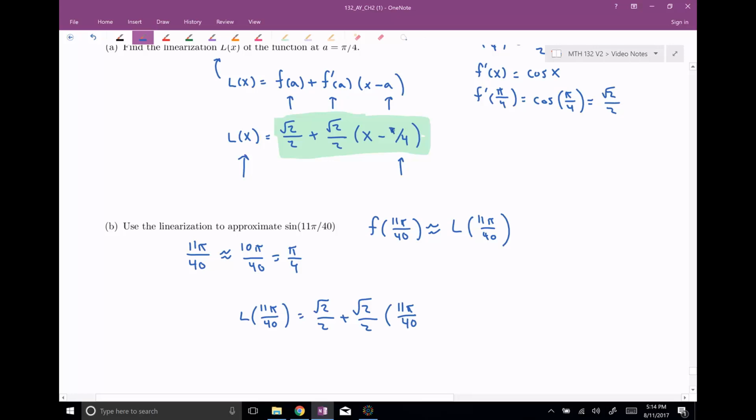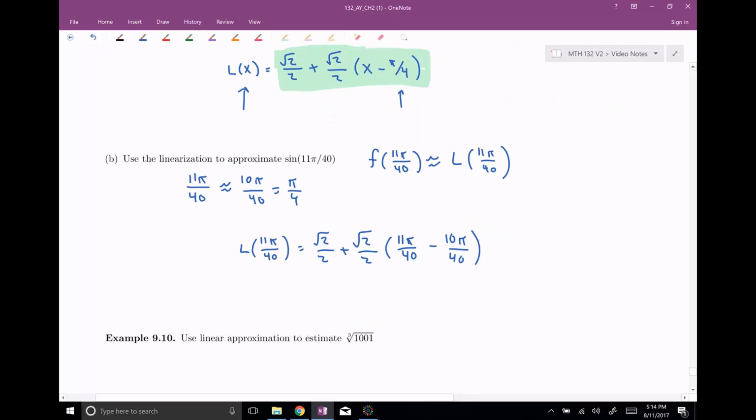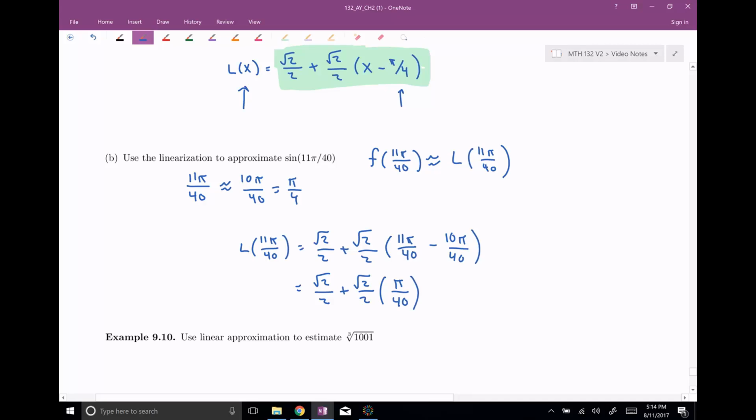And maybe instead of pi over 4, let me write this as 10 pi over 40. There we go. And we can do a little bit of simplifying. So this is going to be root 2 over 2 plus root 2 over 2 times 11 pi over 40 minus 10 pi over 40. That's going to be 1 pi over 40. And we could simplify a little bit more beyond that, but that's probably where I would end.